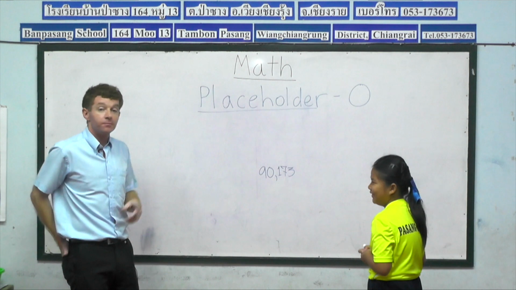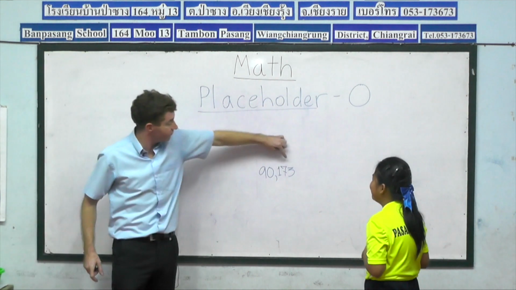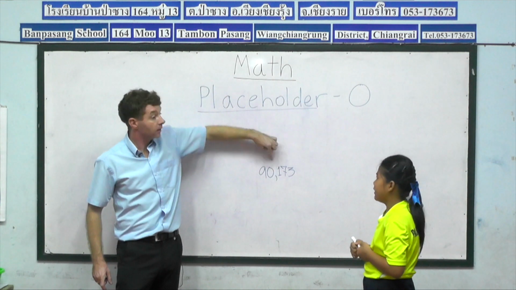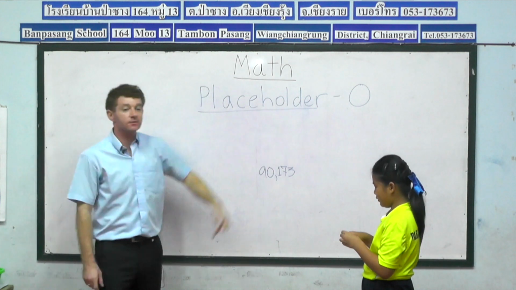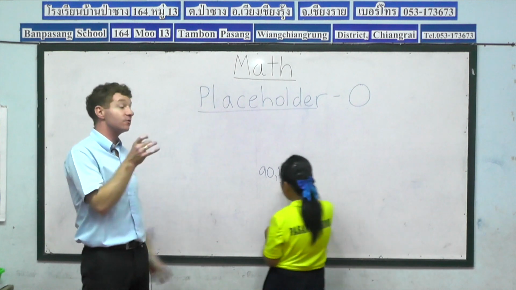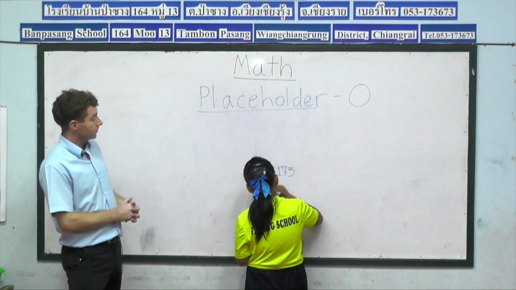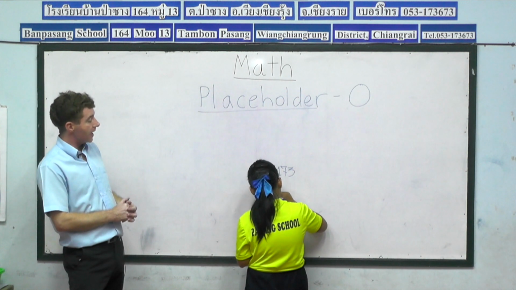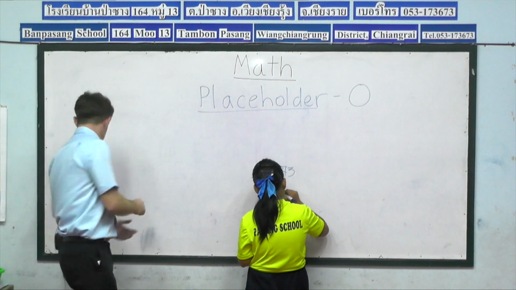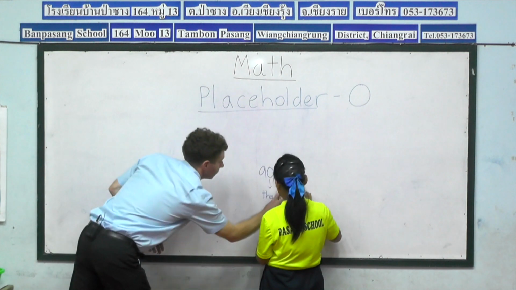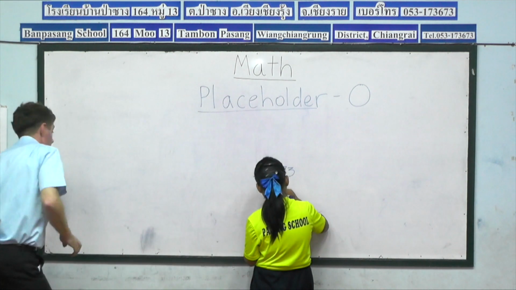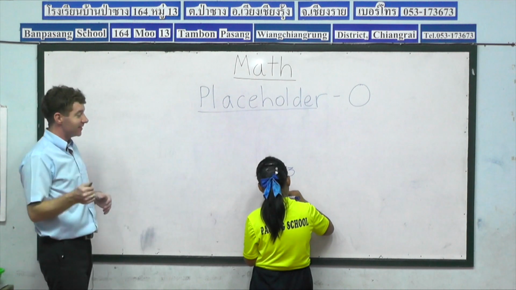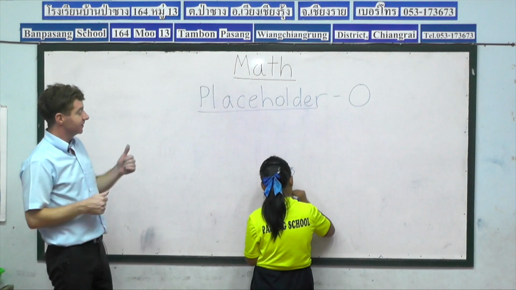And now what we're looking to do is identify the 0 and what place it is representing as a placeholder. So always we start with the lowest numbers, ones, thousands. The 0 is the placeholder of thousands. T-H-O-U-S-A-N-D-S.